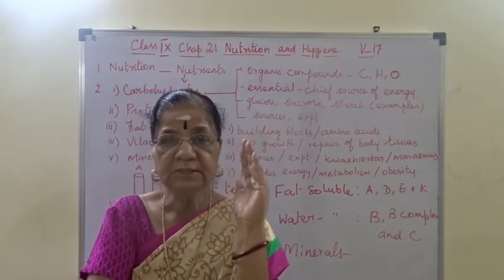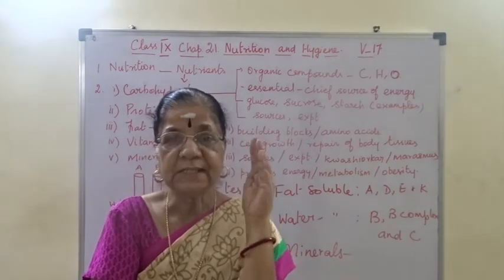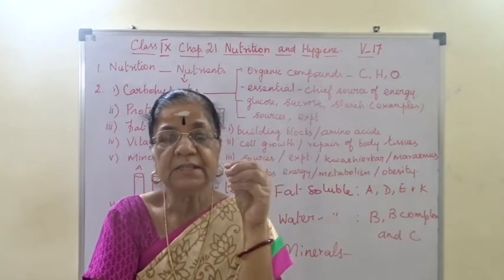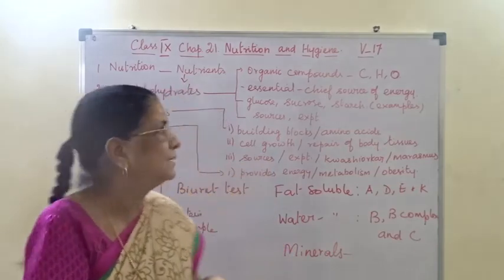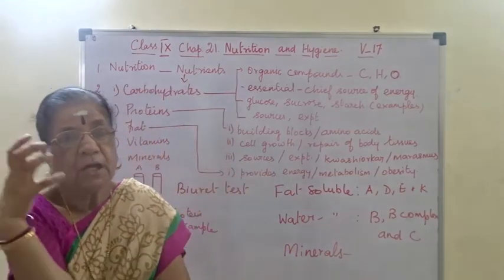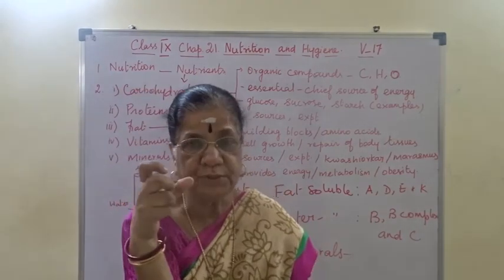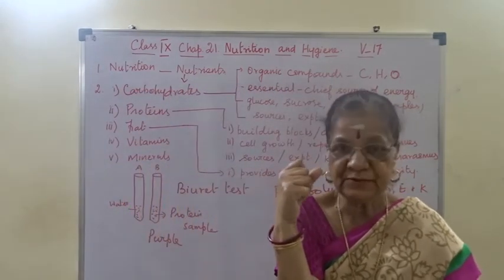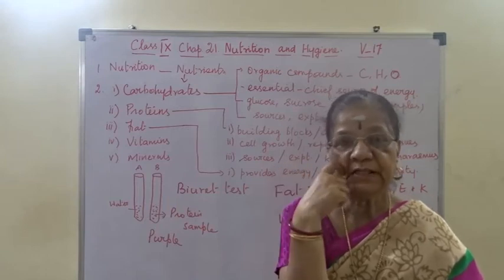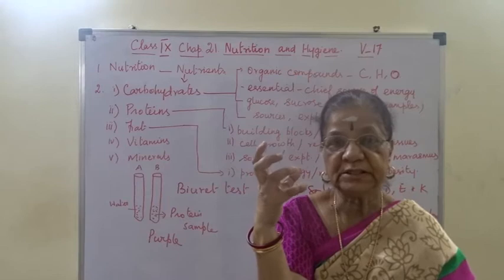Their structure, function, and how to test their presence all come under the heading nutrition. And then, how do we preserve food? Methods of preservation also come under the heading nutrition.